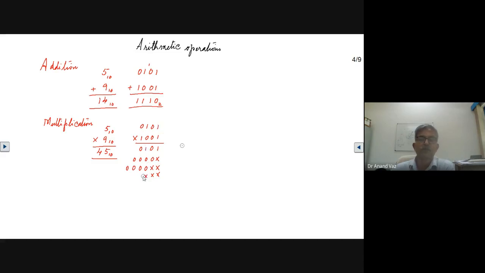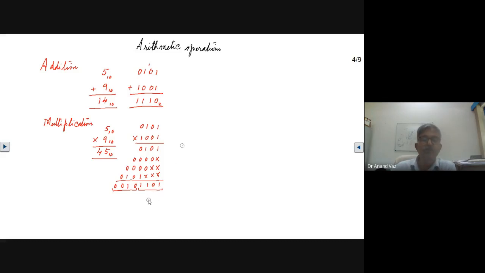So you reproduce this as it is, 1, 0, 1. And this becomes 1, 0, 1, 1, 0, 1. So you can represent this. If you add one more 0 here, you will have 2 nibbles. And you can see that you have got the answer as 45.